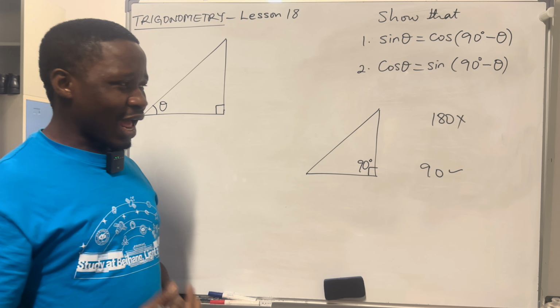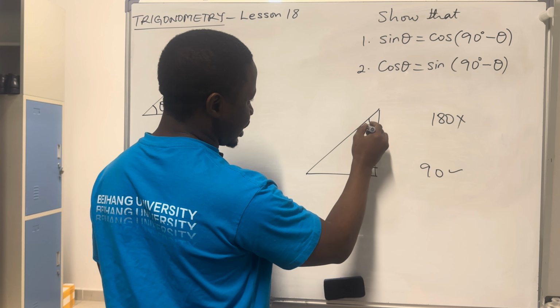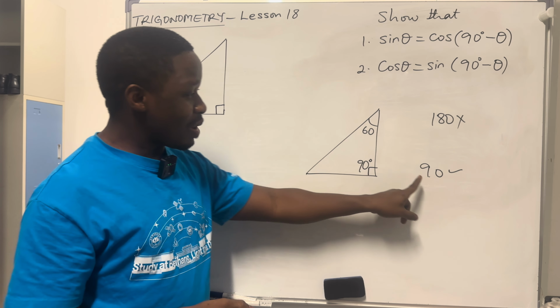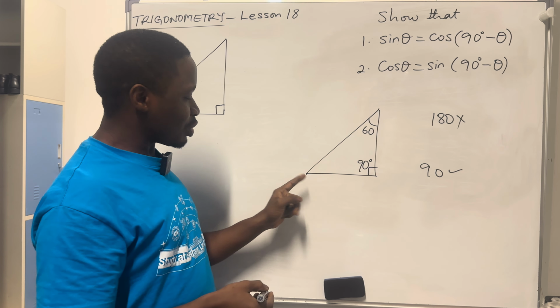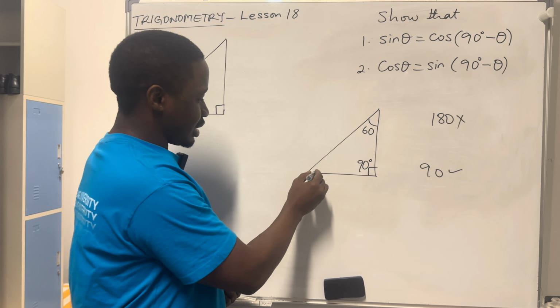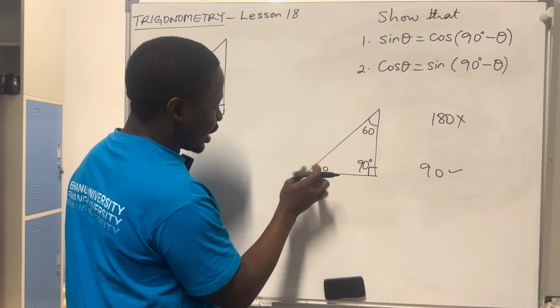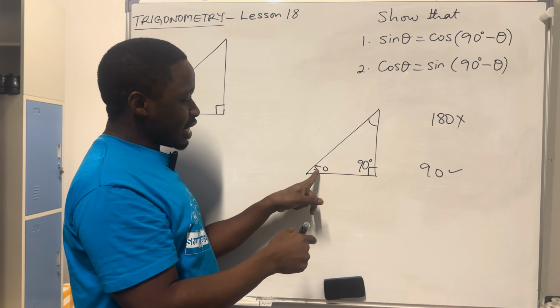If you are asked that here is 60 degrees, what do you think will be here? Remember, these two are for 90, so if this one is 60 degrees, here is definitely 30 degrees. What if here is 50 degrees?